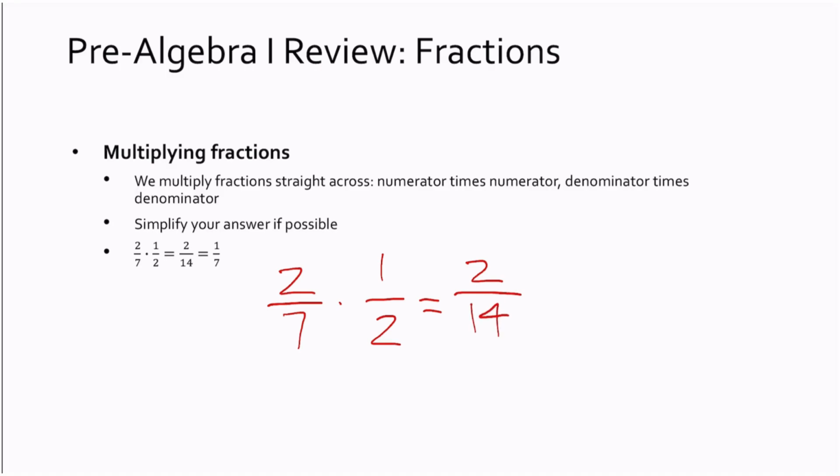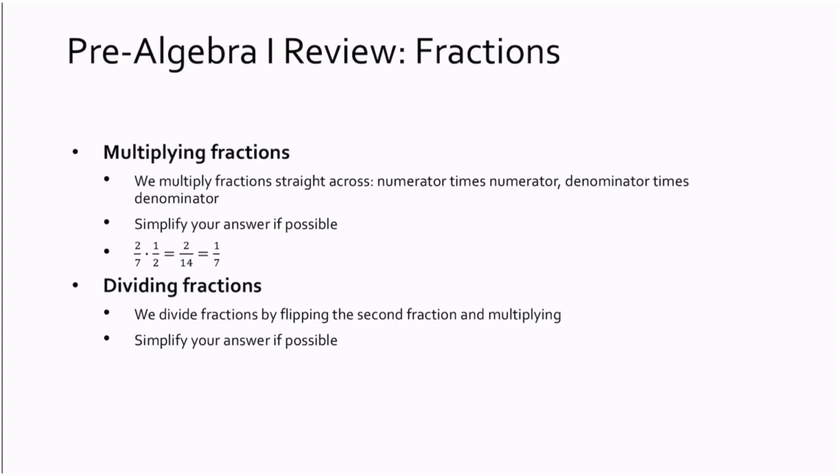And I can simplify this because 2 goes into 14 to 1/7. So what I'm doing is I'm saying, okay, I can divide this by 2 and divide this by 2. Just like I did with that 3 in the last part, if I'm dividing the top by 2, I have to also divide the bottom by 2.